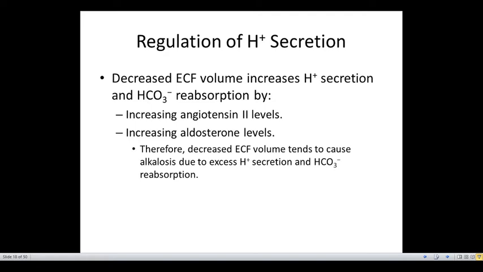Therefore, decreased extracellular fluid volume tends to cause alkalosis due to excess hydrogen ion secretion and bicarbonate ion reabsorption.